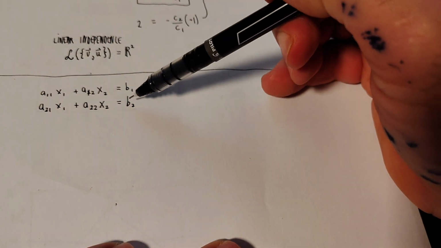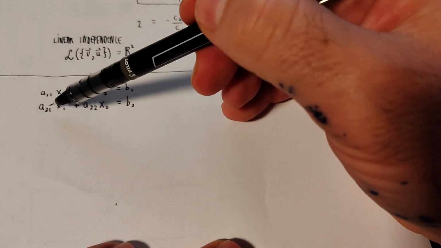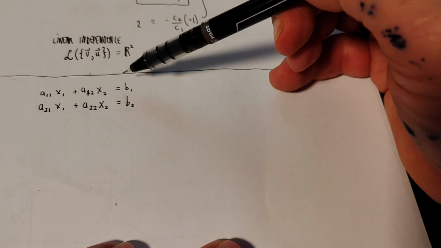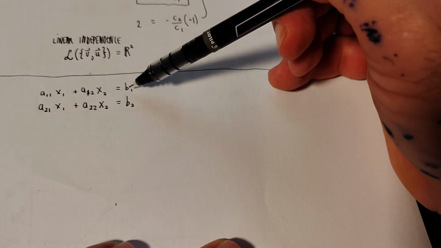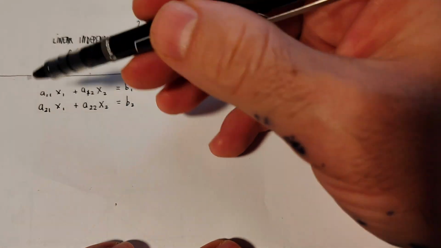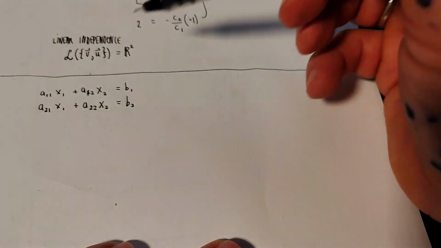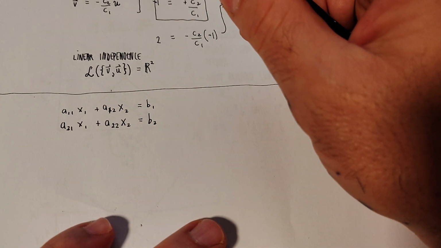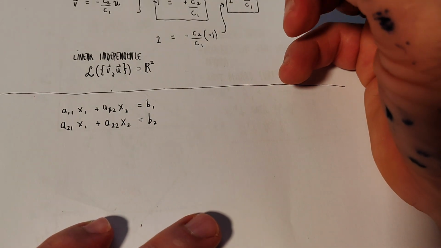These entries, depending on what B2 is, A21 and A22 are going to be different than they are up here. Unless, of course, B1 and B2 are equal to each other, but then there might be some other combinations depending on x1, x2. Anyways, we don't need to think that far down the rabbit hole.